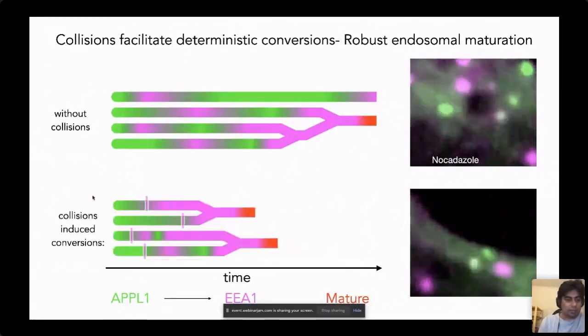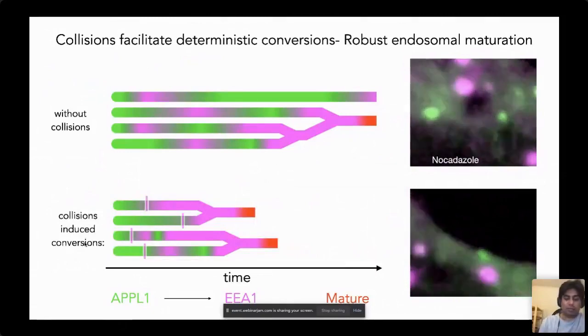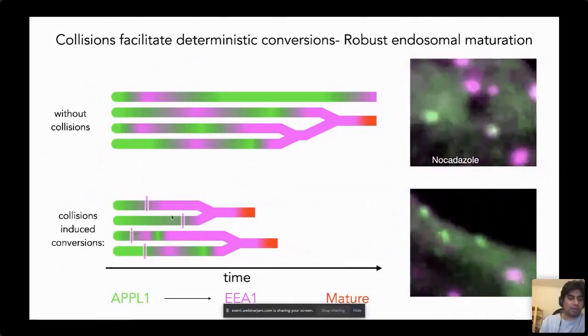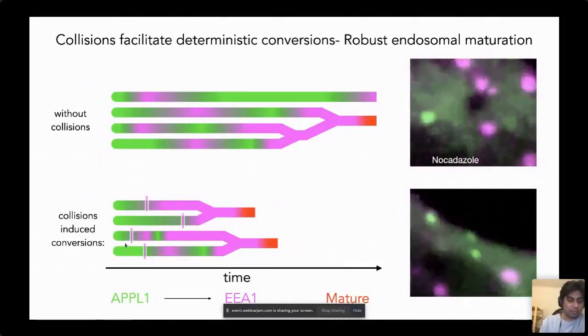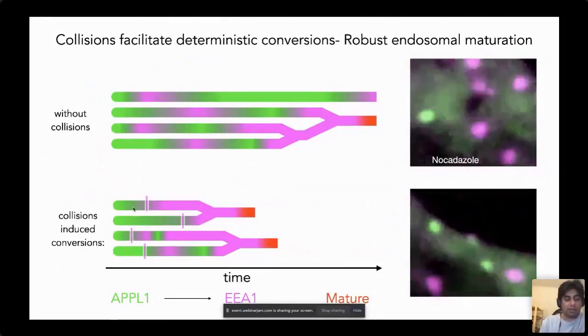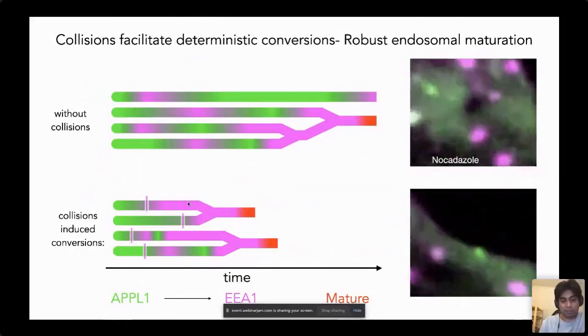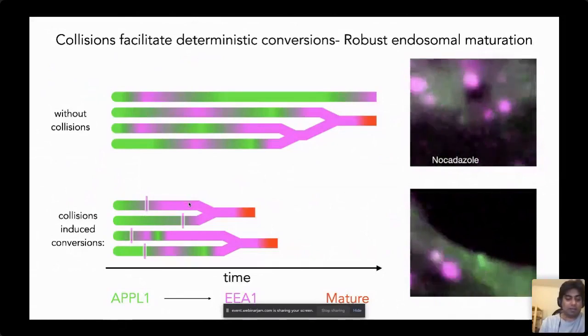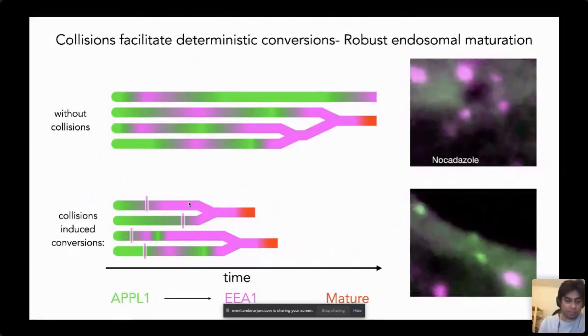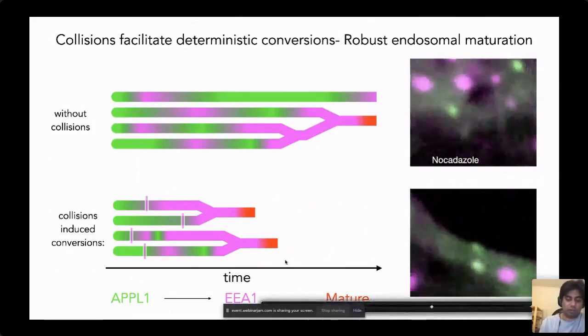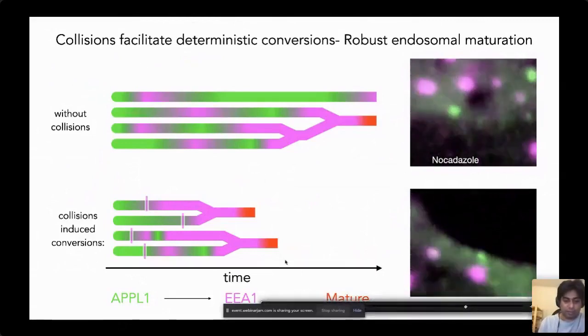When you have these collisions that are mediated by motor protein motions, clustering, and intra-endosomal conversions, every time there is a collision, you would have an ensured APPL1 endosome converting into an EEA1 positive endosome. And that means if you look at the population level of all the endosomes in a cell, every collision ensures that the endpoint of a mature endosome is met within a very short distribution of time scale.